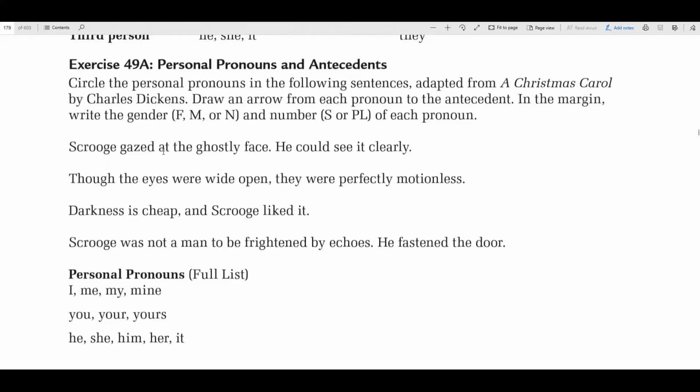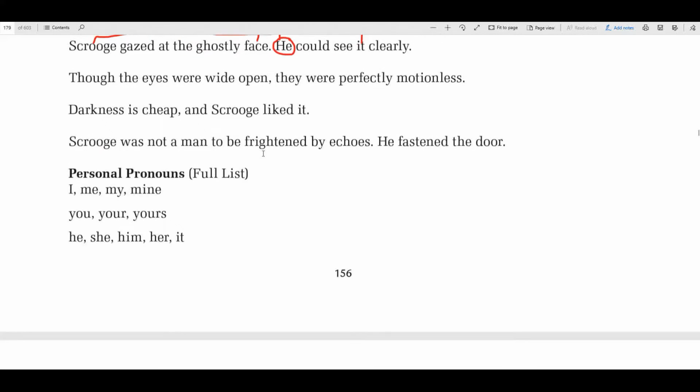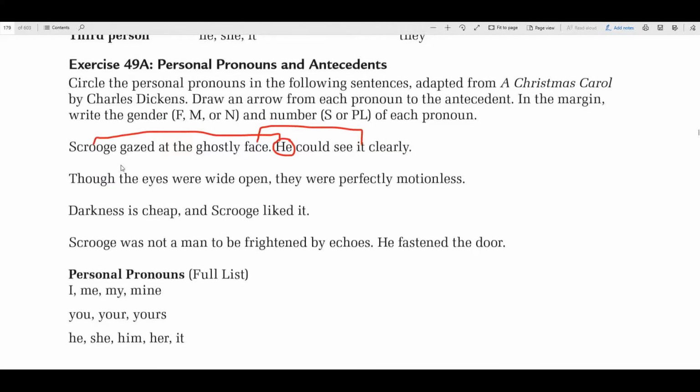So, Scrooge gazed at the ghostly face. He could see it clearly. All right, so he takes the place of Scrooge. And then it takes the place of face. All right, now for he, we'll put the Scrooge one out here, and then we'll put he out here.